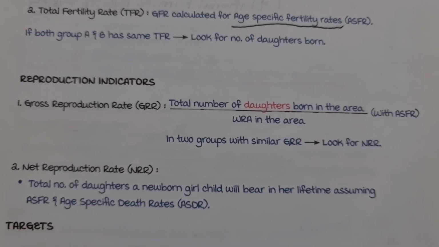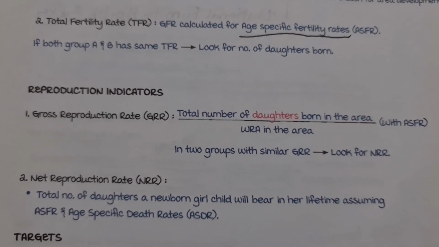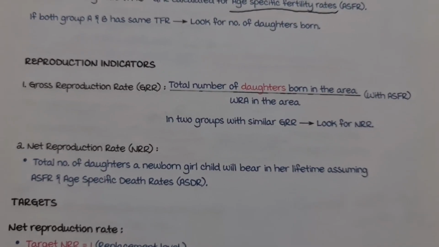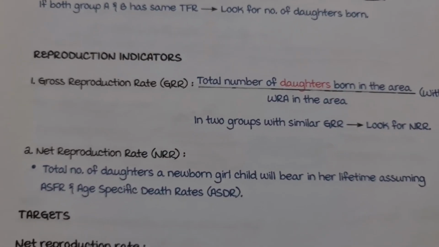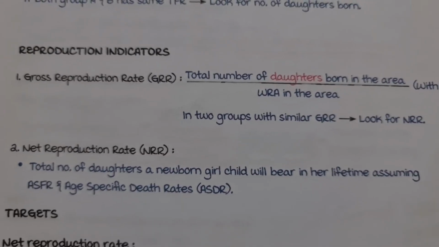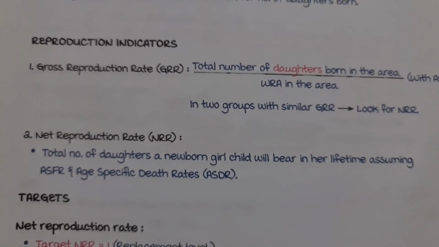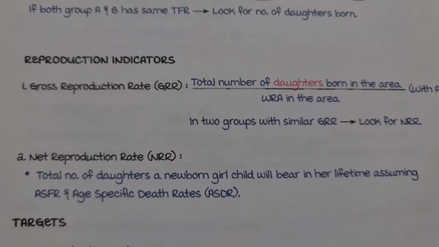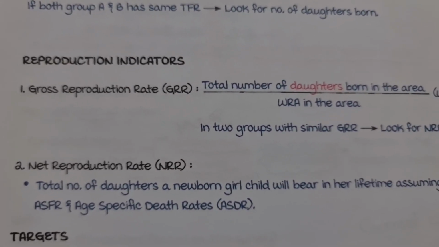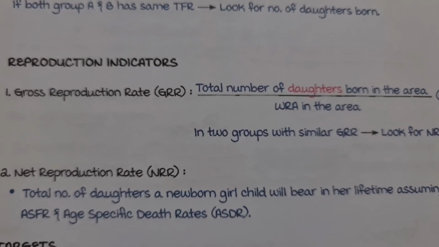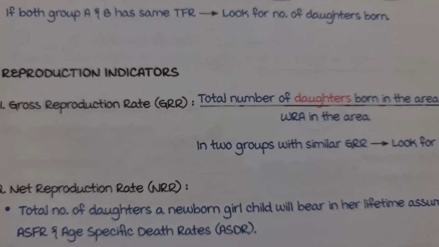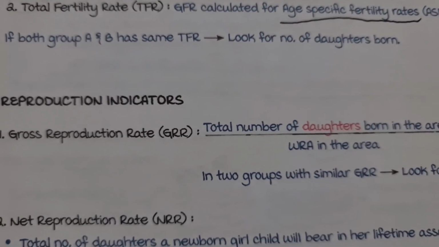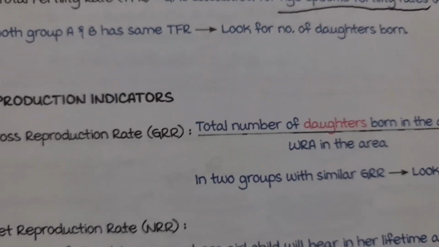In two populations, if we get a similar gross reproduction rate, then we should look for the net reproduction rate. So the next question: what is actually the net reproduction rate? Similar to the gross reproduction rate, the net reproduction rate is also the average number of daughters a newborn girl is expected to bear during her lifetime, taking into account the mortality of a woman till the end of the reproductive age.